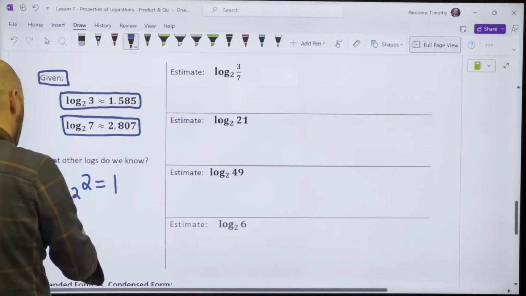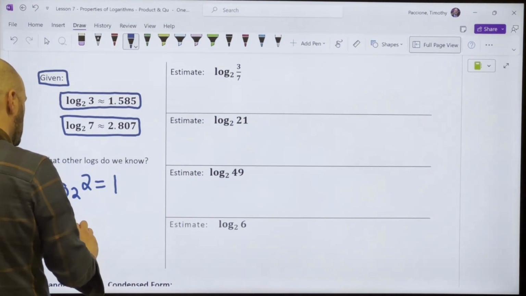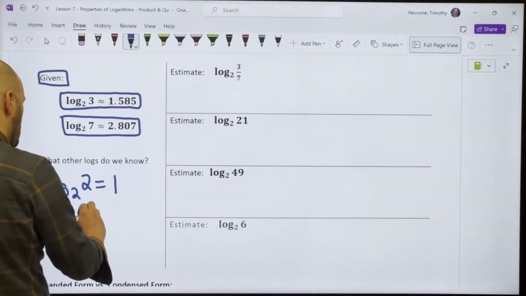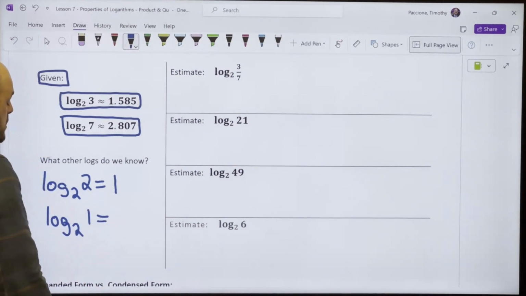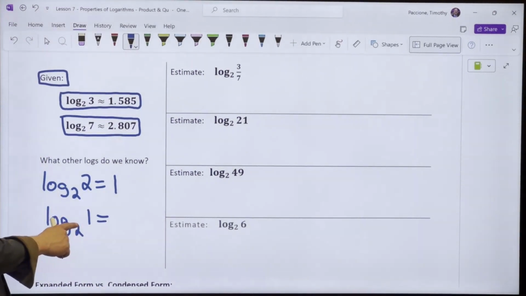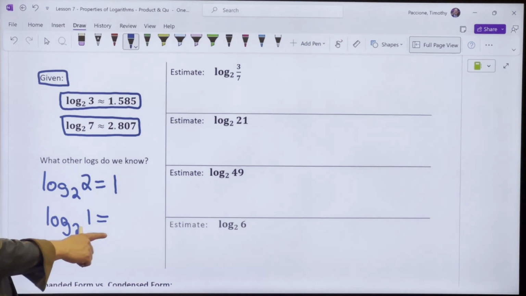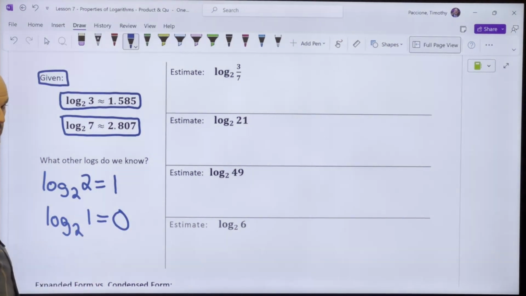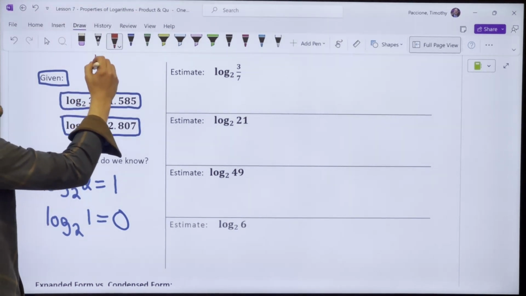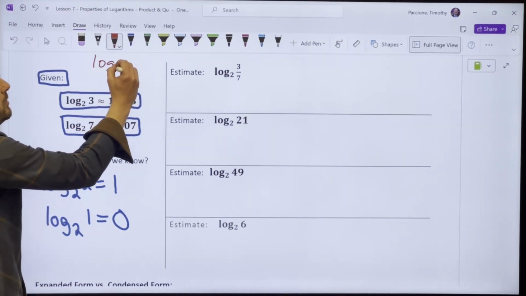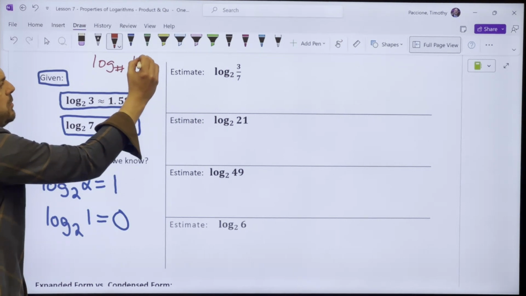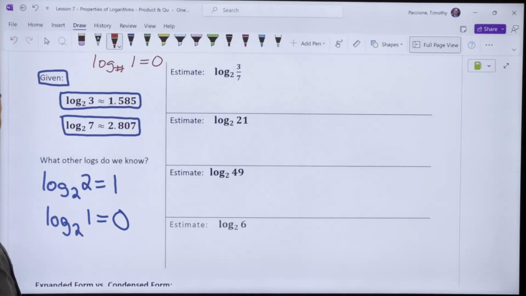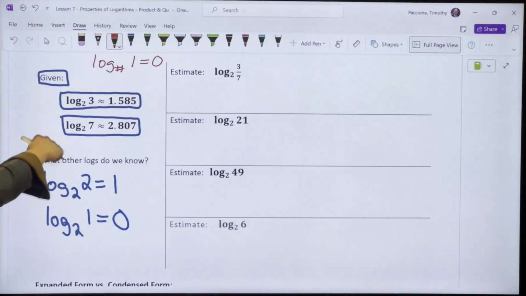If the answer is 1, and the base is 2, it's always going to be 0. Always. And that's true for anything. You could say log of 1 equals 0 for any base.